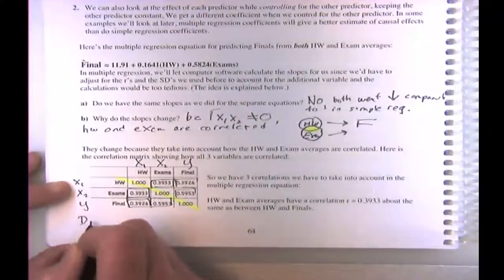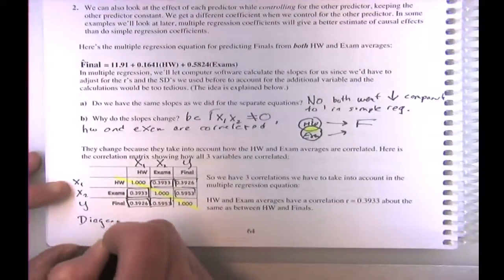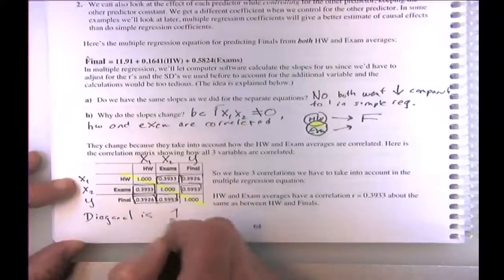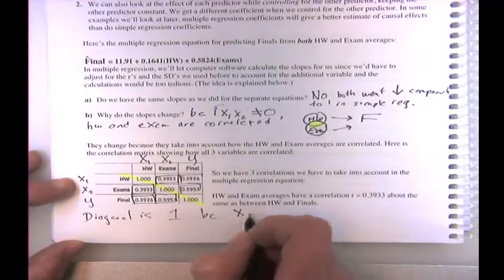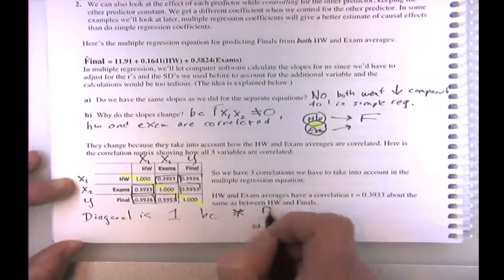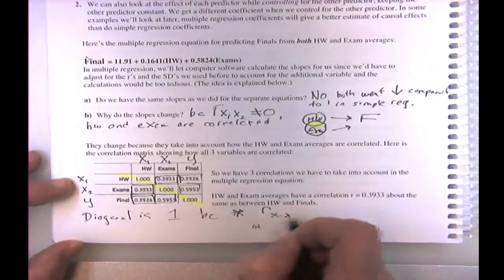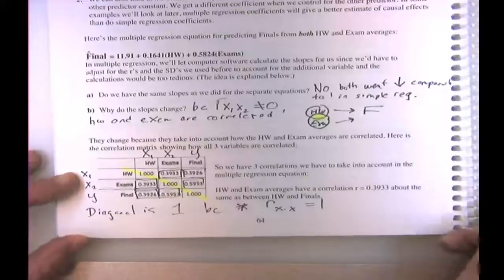The diagonal is 1 because the correlation between X and itself is equal to 1.